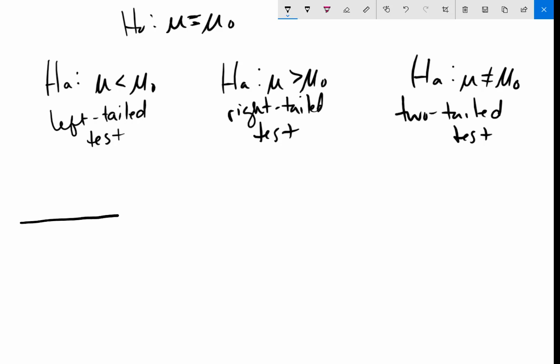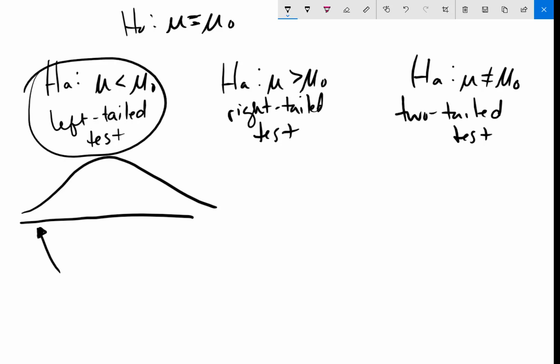Now again, the reason why it is called a left-tailed test is because my eye should be going to the left tail. I'm going to be seeing, are there means in this left tail? We can quantify this, but if I get a mean far in the left tail, that'll be enough evidence to support the alternative hypothesis and to reject the null.